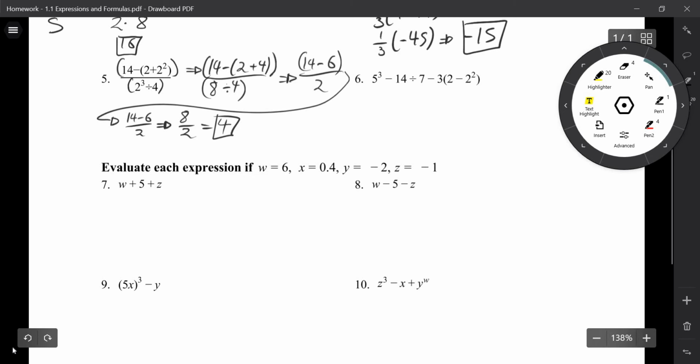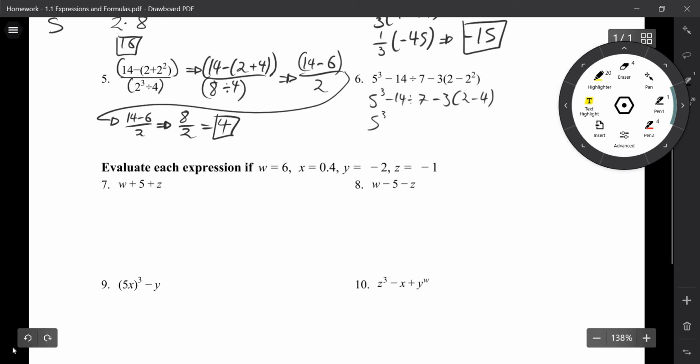For number 6, we've got a set of parentheses here. That's what we're going to have to tackle first. So 2 minus 2 squared, we'll just write everything else down, minus 14 divided by 7 minus 3. 2 minus 2 squared is going to be 2 minus 4.